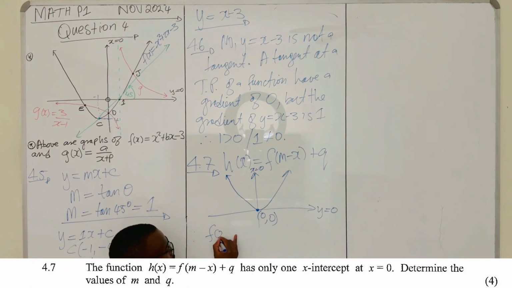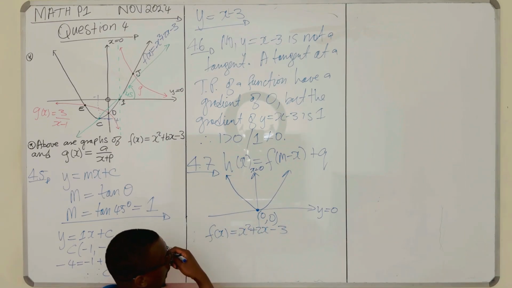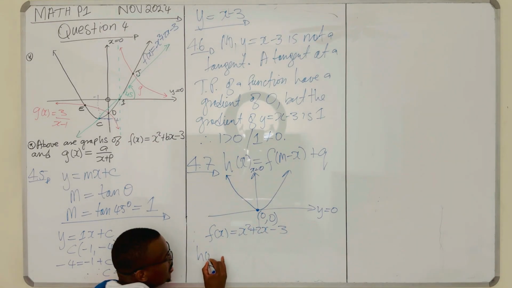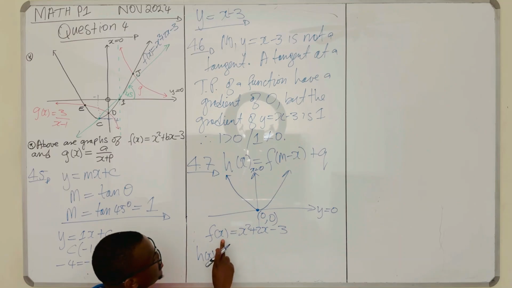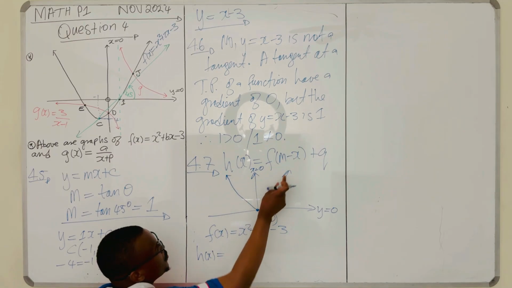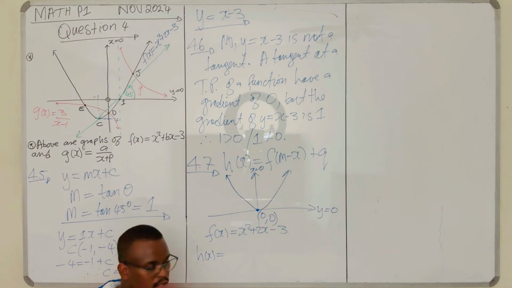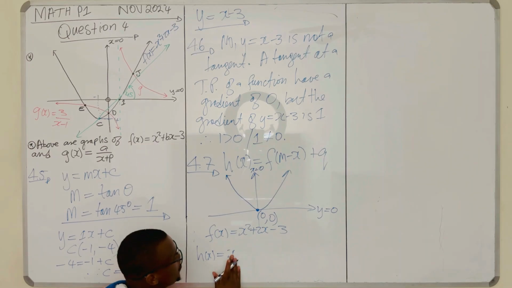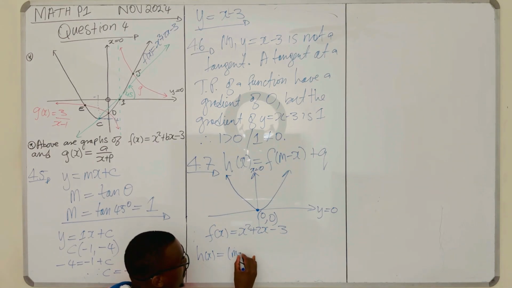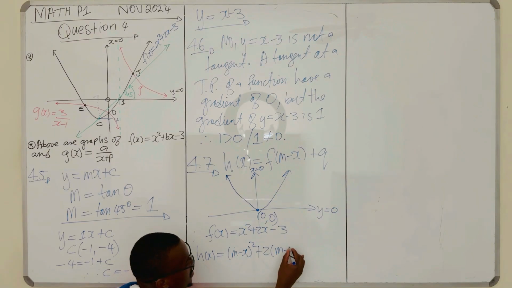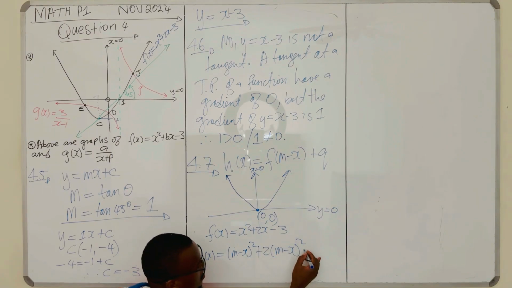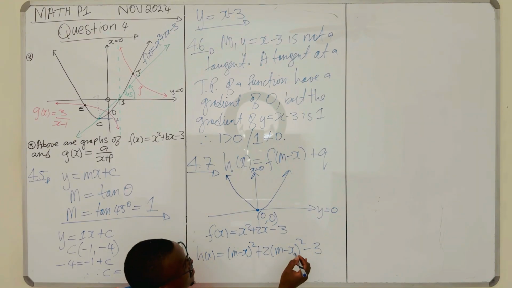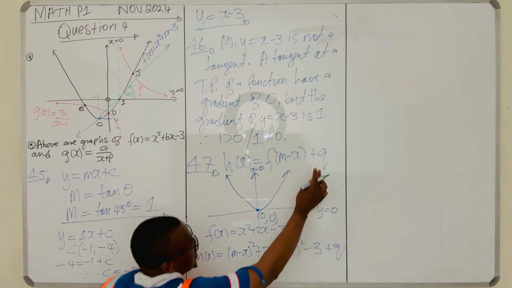F of x is equal to x squared plus 2x minus 3, right? So to find h of x, you must put m minus x into f. It will be m minus x all squared, plus 2 into m minus x, minus 3, and then you add the q at the end.